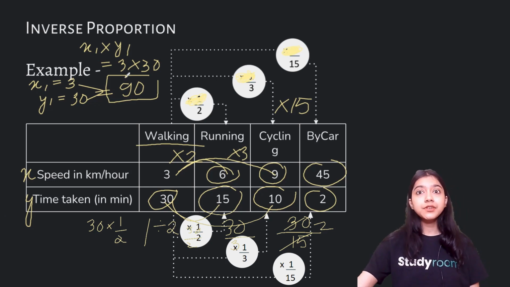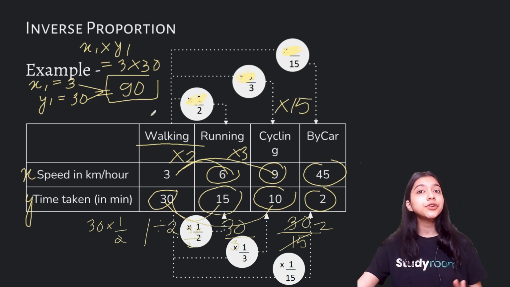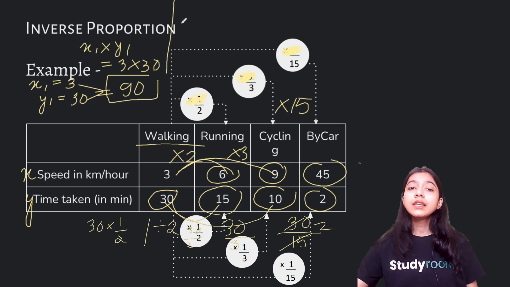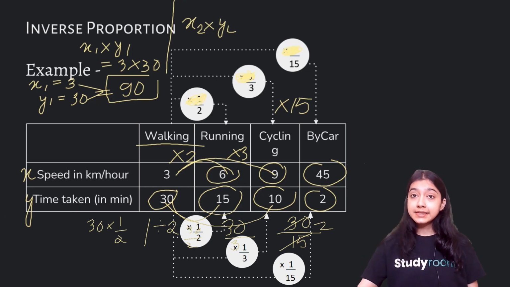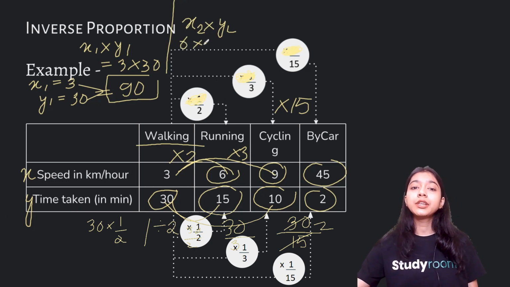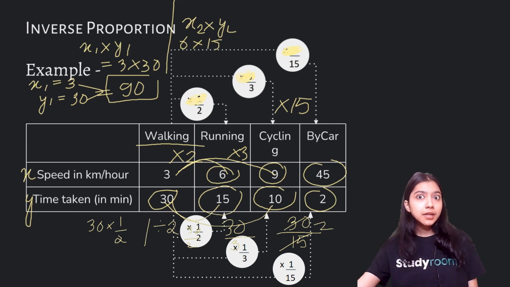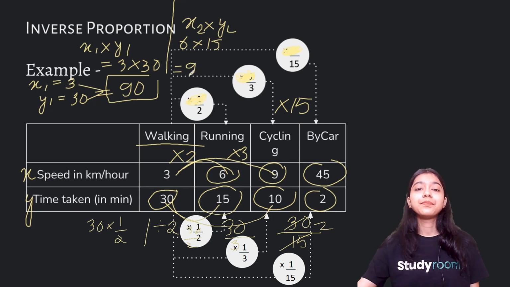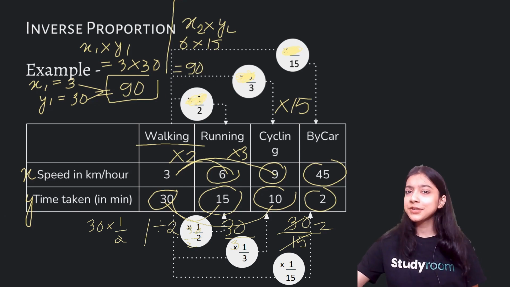So in x1, y1 the product of the two variables gave us 90. Let's calculate for x2, y2. We have x2 as 6 and y2 as 15. So we'll be multiplying 6 with 15, and 15 multiplied by 6 gives us 90. So again we got 90. Let's check what's the case in x3, y3.